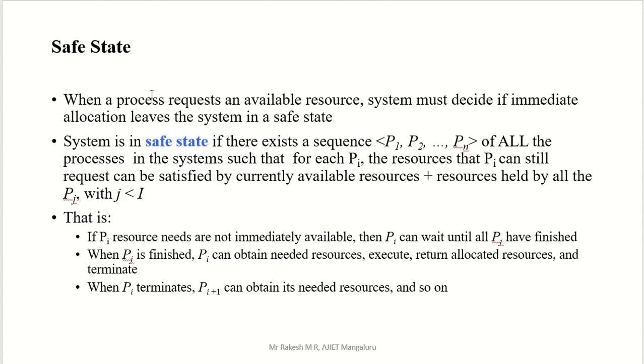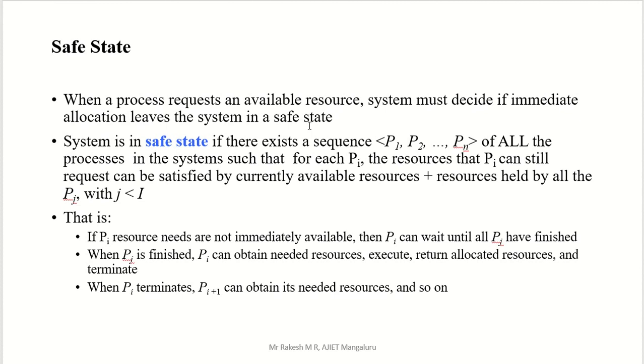One of the things here is the safe state. What do you mean by safe? Safe means in that safe state there is no deadlock. Unsafe means in that state there is a deadlock. When a process requests an available resource, the system must decide if immediate allocation leaves the system in a safe state. We have to check whether it is in a safe state or not.